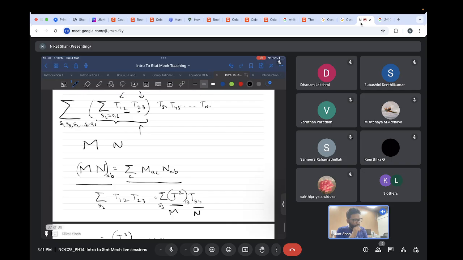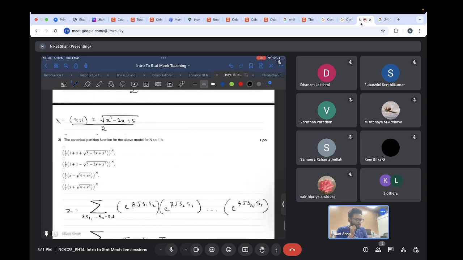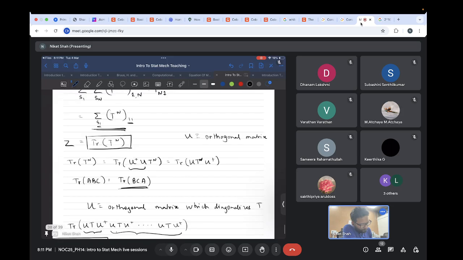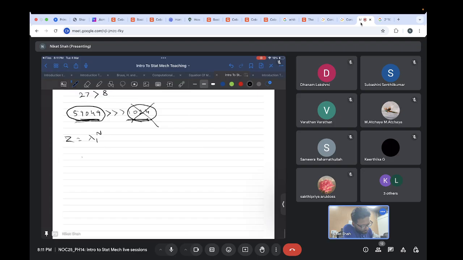That's why, what was my eigenvalue? The larger eigenvalue. So the larger eigenvalue is x plus 1 plus the square root term upon 2. The minus 1 would be lesser, the plus 1 would be higher. So this is simply x plus 1 plus square root of x squared minus 2x plus 5, divided by 2. This raised to the power of n is my partition function.